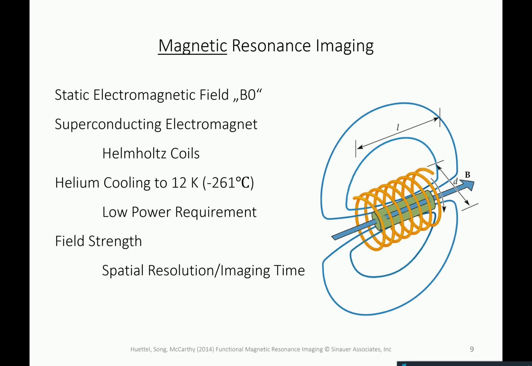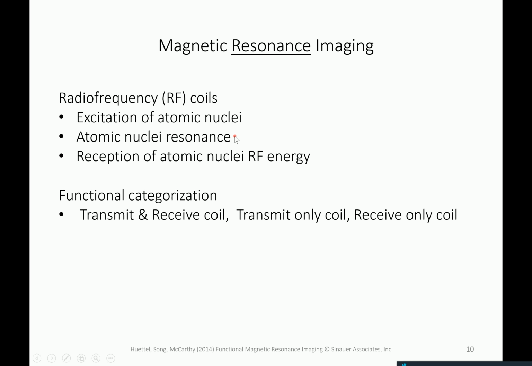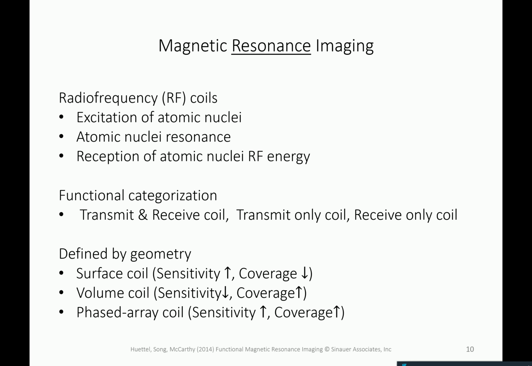this is created by this electromagnet, which needs helium. So we talked about this. Then this magnetic resonance imaging, this resonance term comes about because there's something that is often referred to as radio frequency excitation of nuclei, and then there's some resonance and then emission of energy by the nuclei at the resonance frequency, and this is where this resonance term comes from, although I think it's not really understandable what this should mean at this level of explanation.